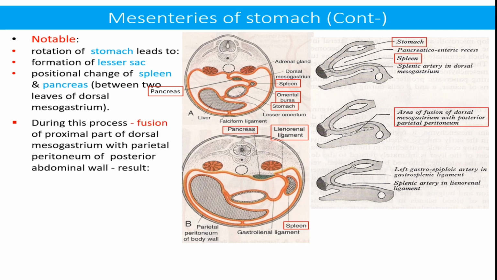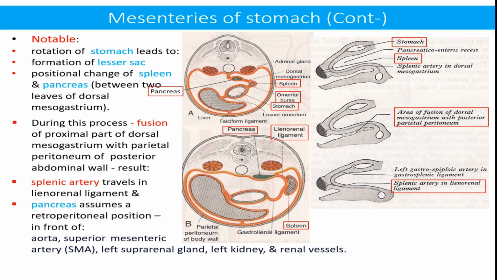Hence, during this process, the proximal part of the dorsal mesogastrium fuses with the parietal peritoneum of the posterior abdominal wall, and this fusion results in: number one, the splenic artery travels in the lieno-renal ligament, and number two, the pancreas assumes a retroperitoneal position in front of the aorta, superior mesenteric artery, left suprarenal gland, left kidney, and left renal vessels.